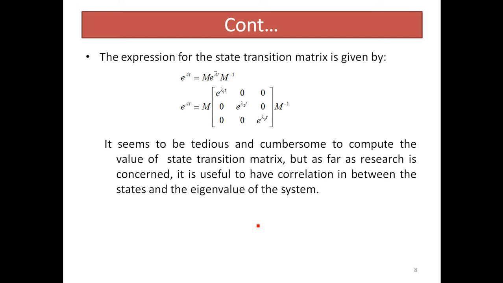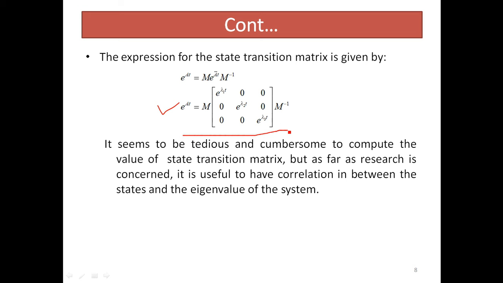So here you can also write e^(At) equal to M into the diagonal matrix with elements e^(lambda 1 t), e^(lambda 2 t), e^(lambda 3 t), into M inverse.